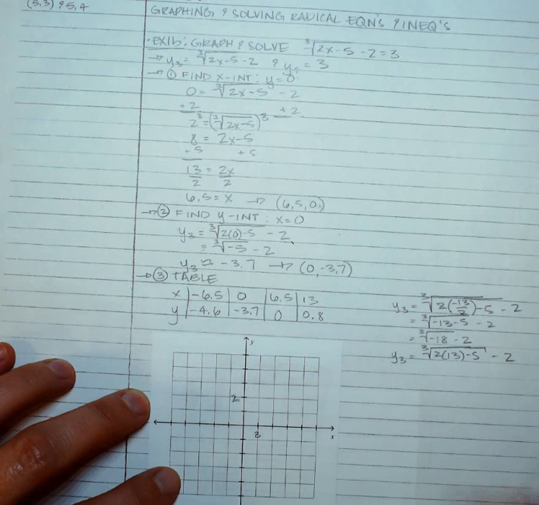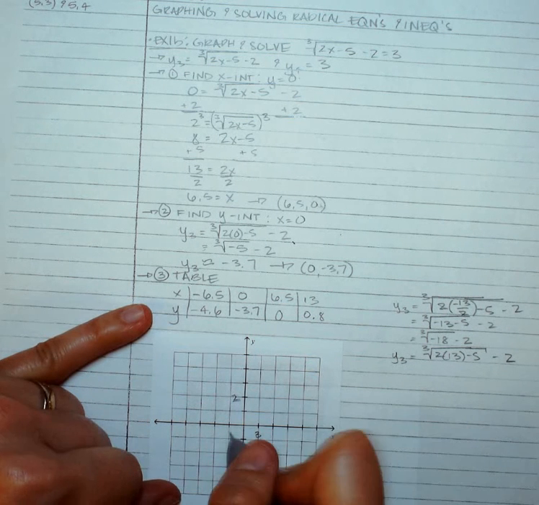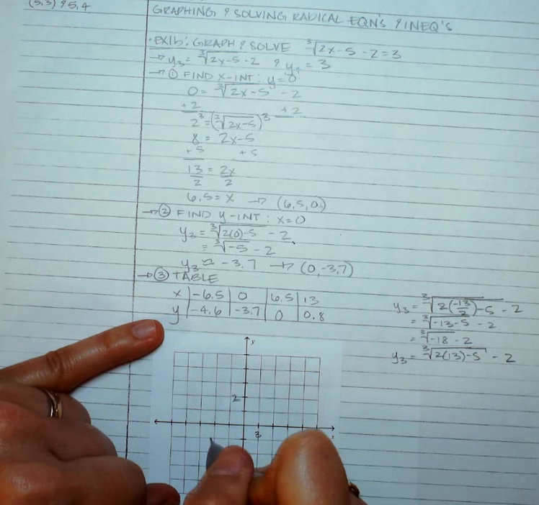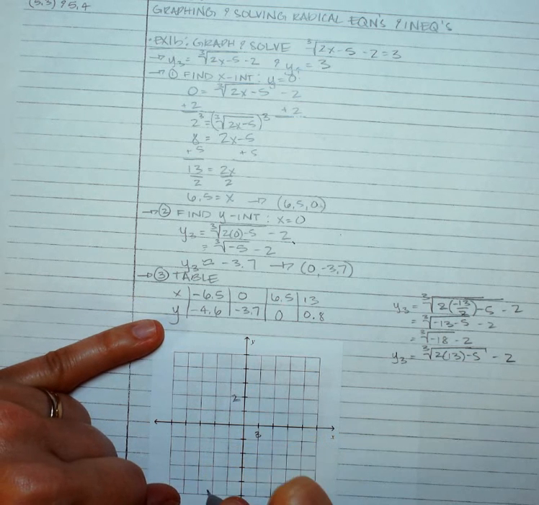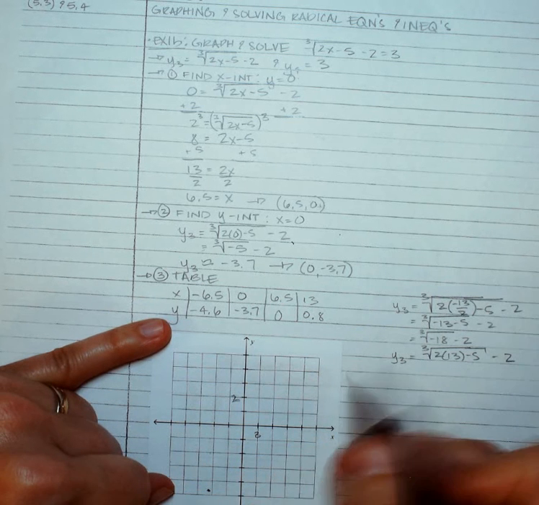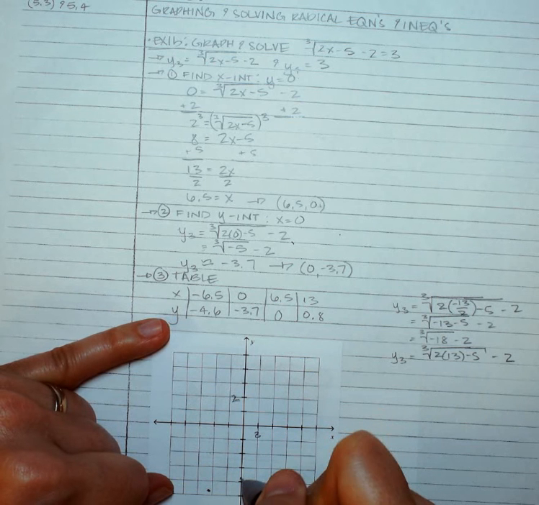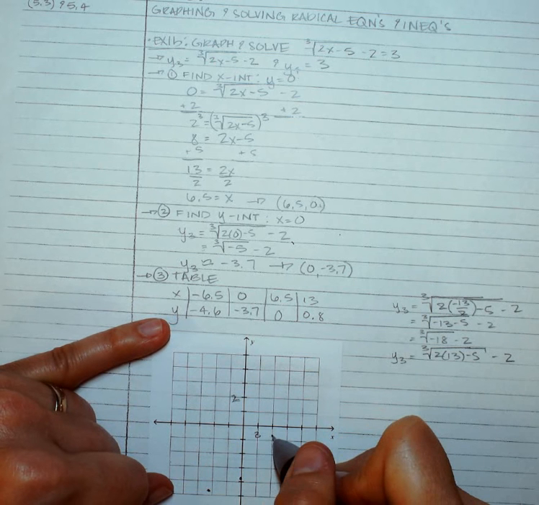Okay, so negative 6.5 should be somewhere over here, and that was negative 4.6. It should be something right like that, I think. 0, negative 3.7 should be around here. 6.5 should be about there.